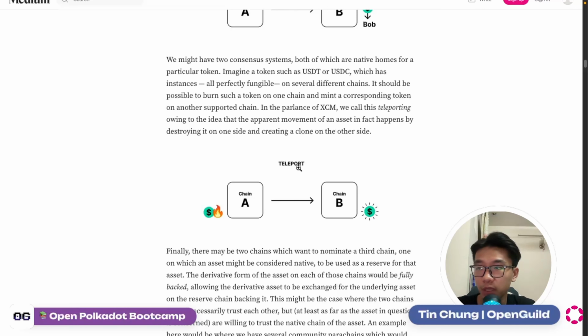So in the context of XCM, we call this teleporting, owing to the idea that the apparent movement of an asset in fact happens by destroying it on one side and creating a clone on the other side.